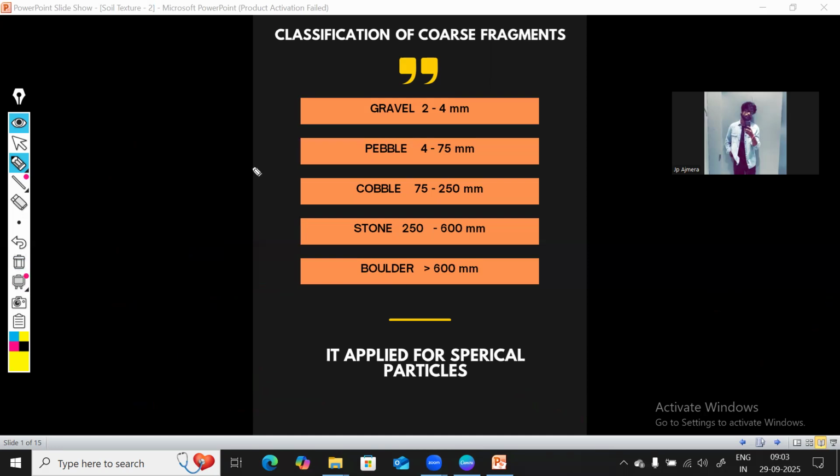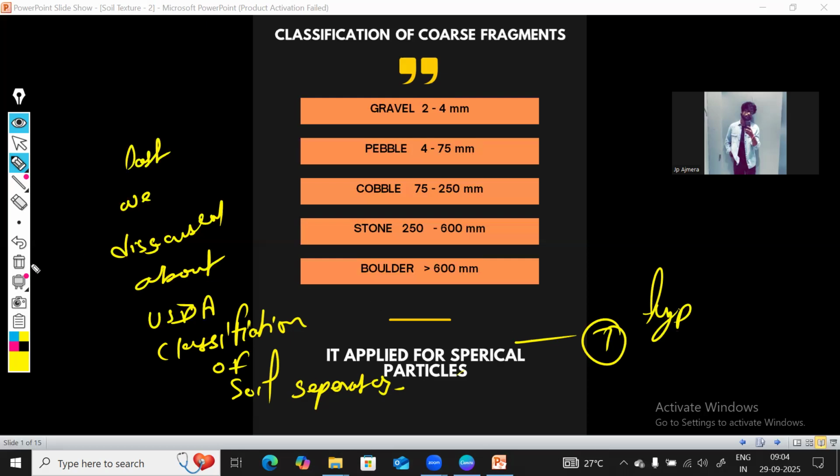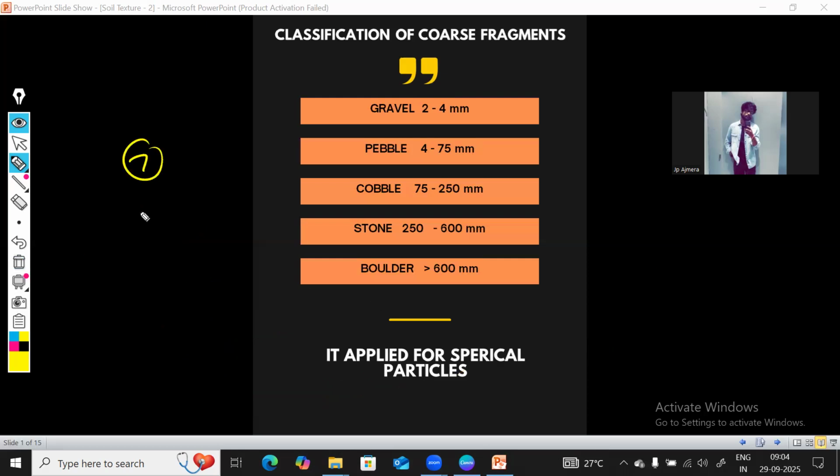Last time we discussed the USDA classification of soil separates. There were 7 types: very coarse, coarse, medium, fine, and very fine sand, and then silt and clay.